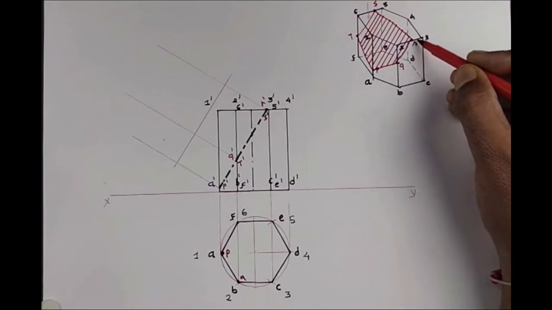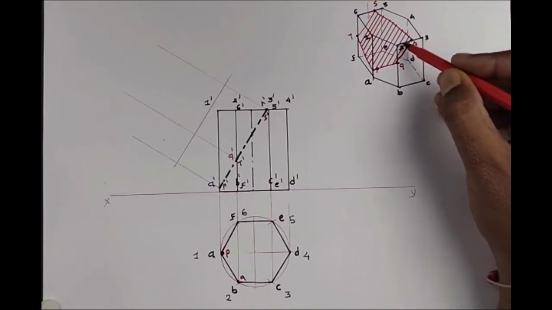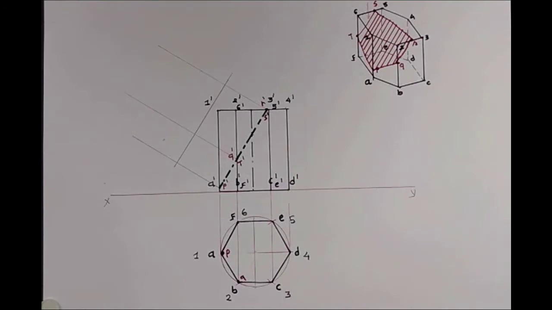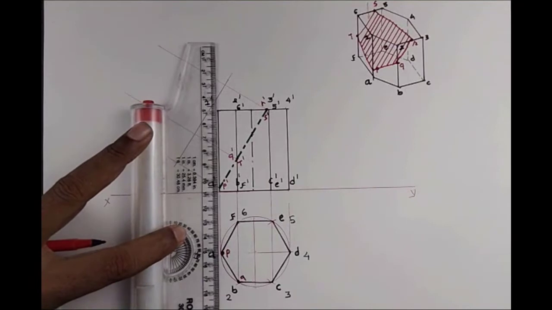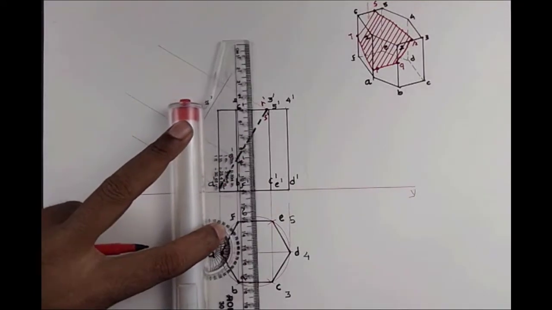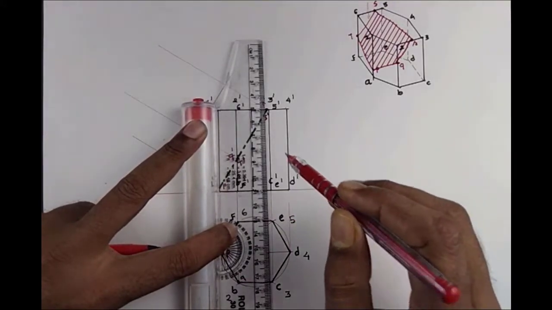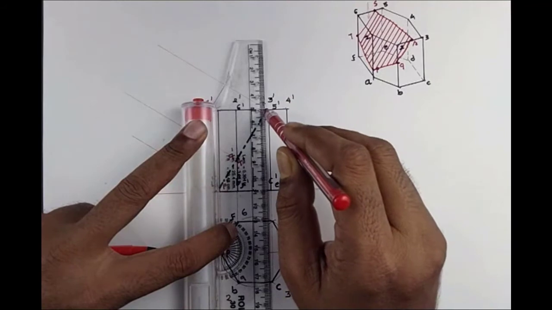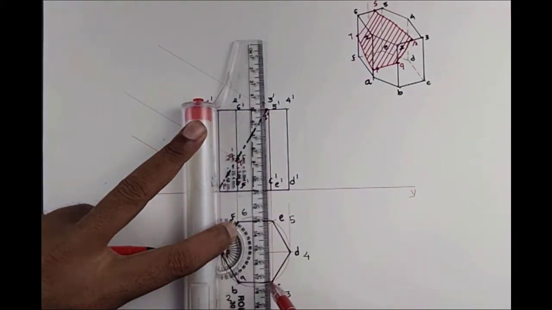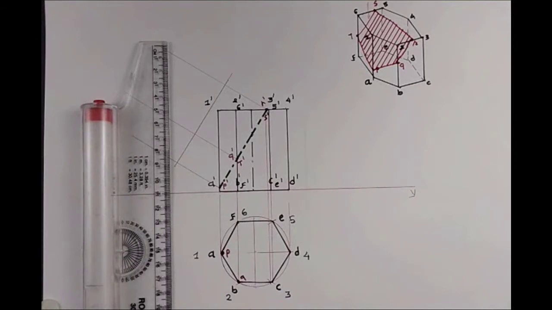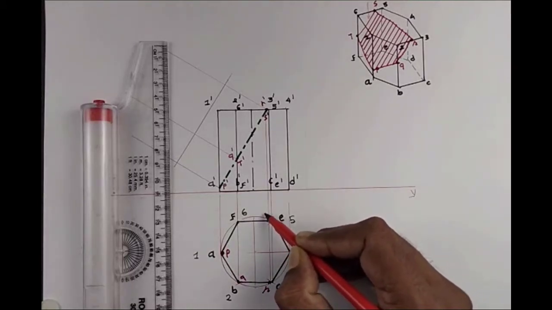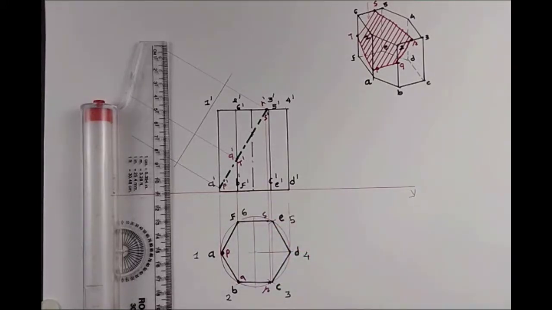Now this is our upper base edge 2, 3. So for that we collect the projection from R and S, and we mark here, it is our R point, and here it is your S point.